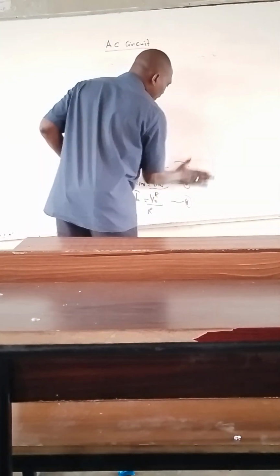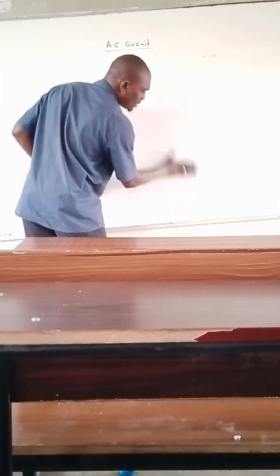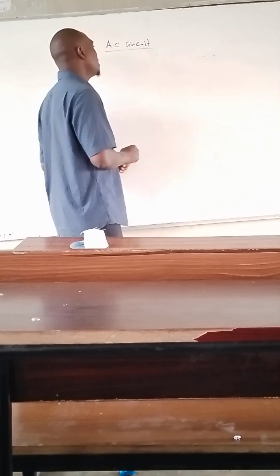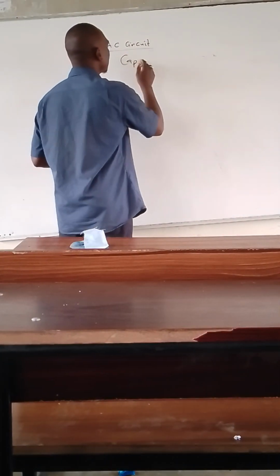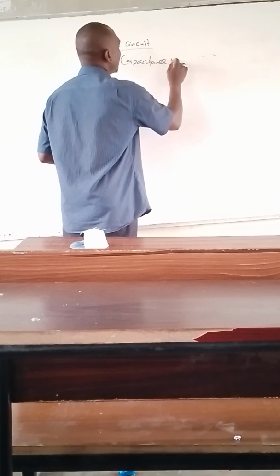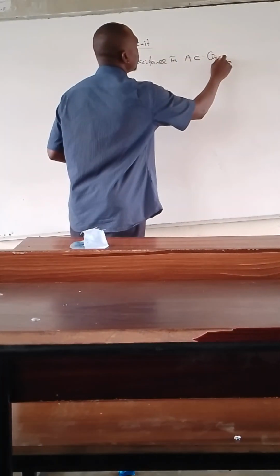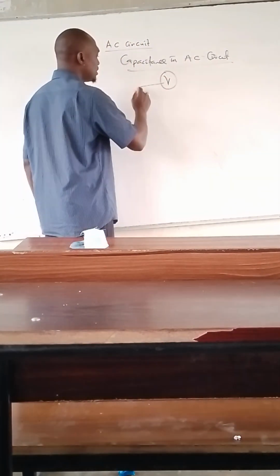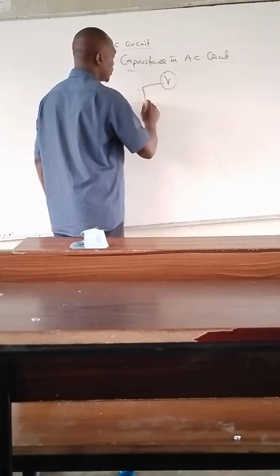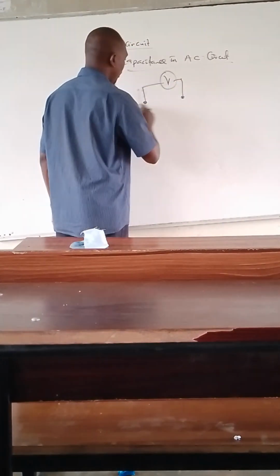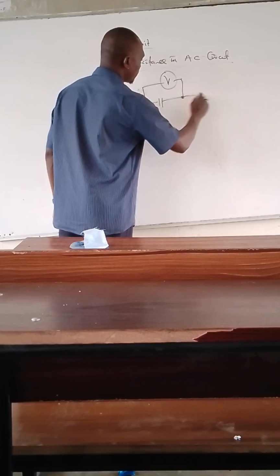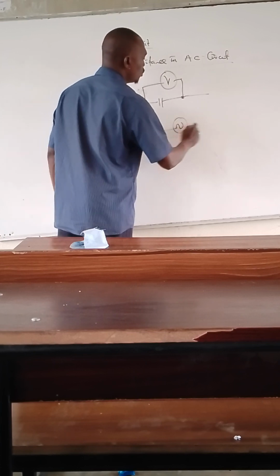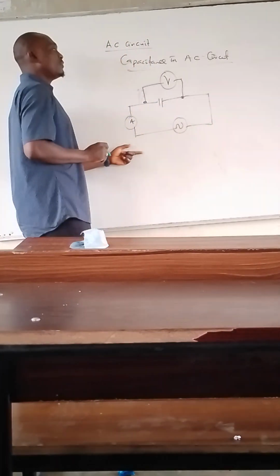Let's define capacitance. A capacitor is an electrical device that stores an electric charge. Capacitance in an AC circuit: the diagram is V connected to a capacitor, and then we have our root mean square current. This is the diagram for capacitance in an AC circuit.